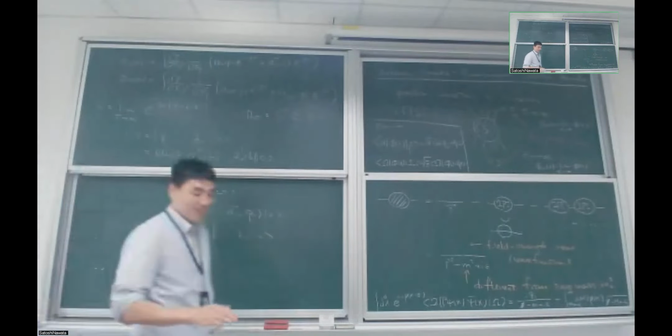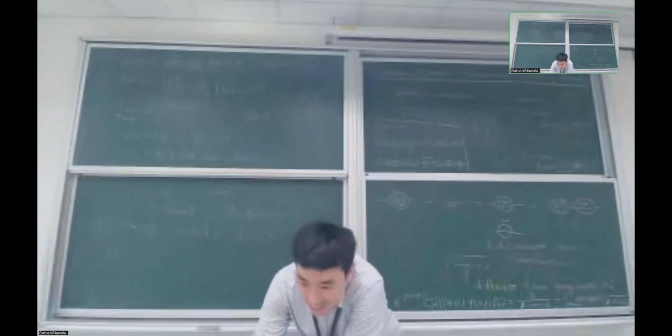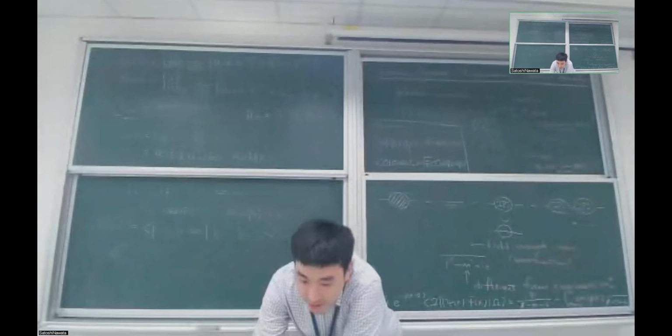To evaluate this transition amplitude, first, how do we define the a in dagger and a out dagger states? This is something we did a long time ago in the free theory. Let's recall what we have done.